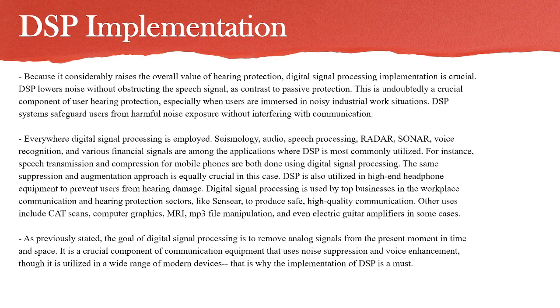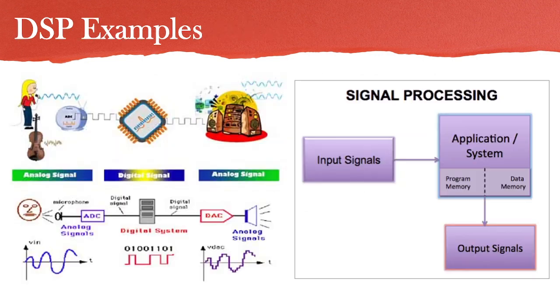Another example is the voice filters, which take your voice input, then change it to a different output, like it will enlarge your voice, or it will minimize your voice, etc. So here are the DSP examples.